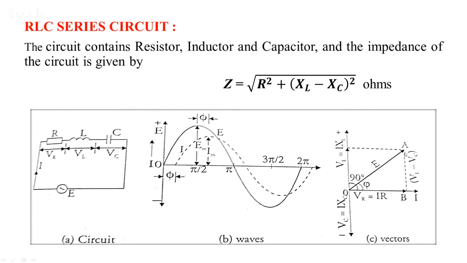So when we take it on the same y axis, we have to take the difference of the two. VL minus VC will be the value of this vector here.